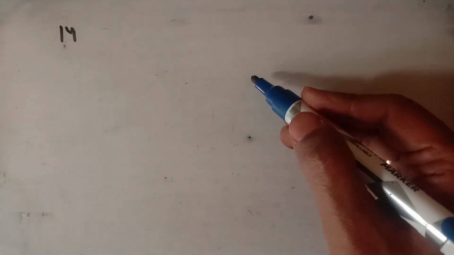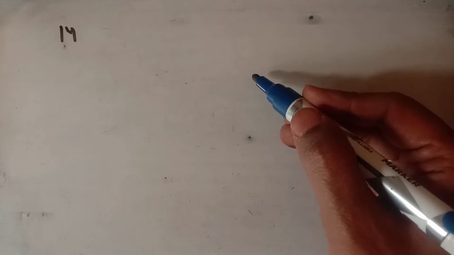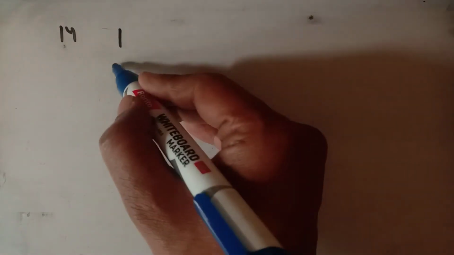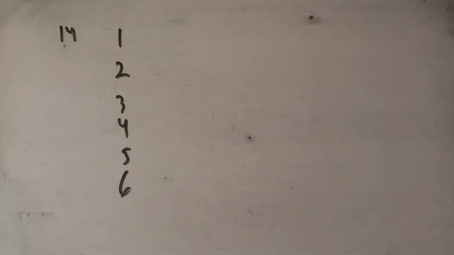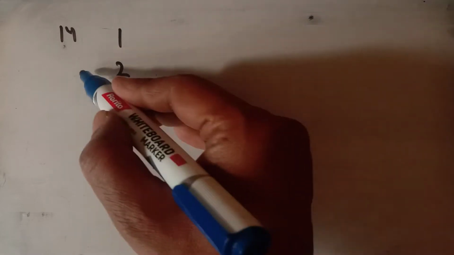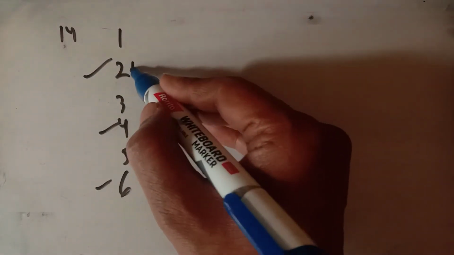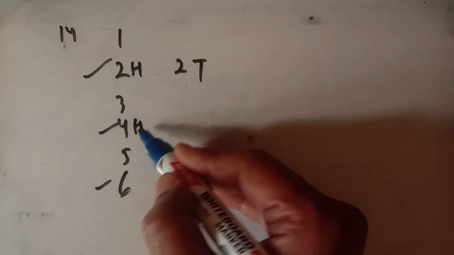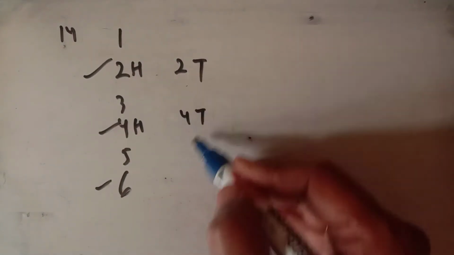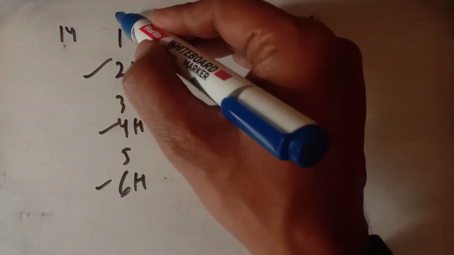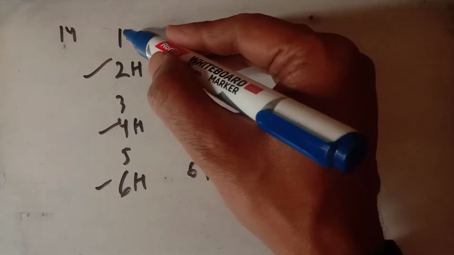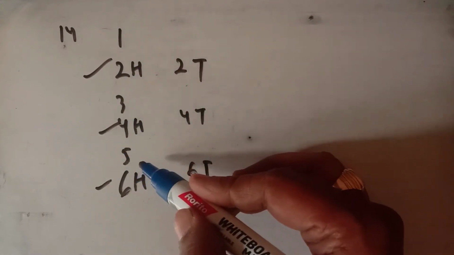Now in 14, an experiment consists of rolling a die and then tossing a coin once if the number on the die is even. That is 1, 2, 3, 4, 5, 6. This is the possibility on the die, and it is showing that we toss a coin if the number on the die is even. even number आने पर हम coin throw करते हैं. तो it can be 2 head, 2 tail, 4 head, 4 tail, 6 head, 6 tail. And if the number on the die is odd, अगर ये odd आता है, then twice. तो 1 3 5 पर the coin is tossed twice.